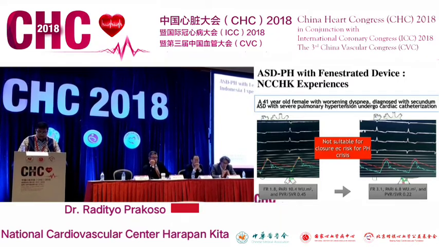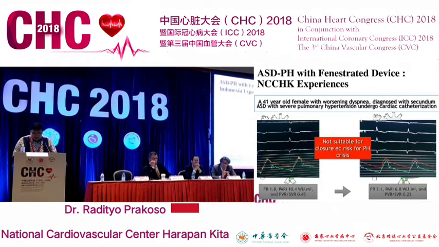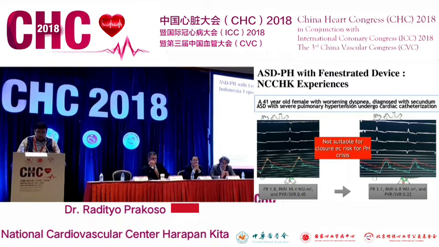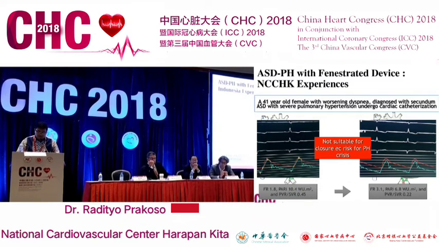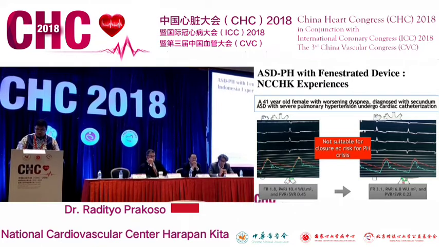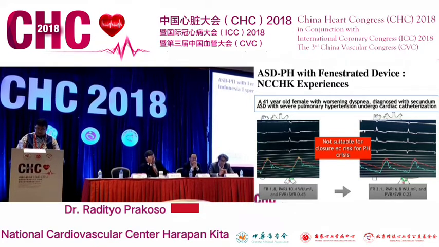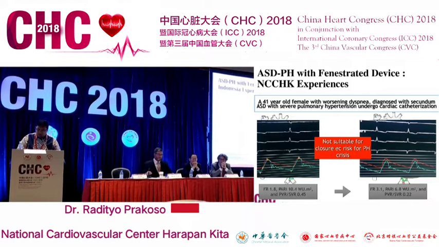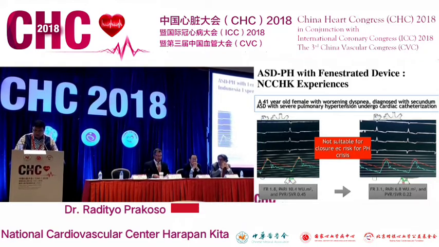You see this Qp/Qs ratio is quite challenging. At baseline, the ratio is 0.5, 0.45. After we do the vasodilator test with 100% oxygen, the ratio is going down.